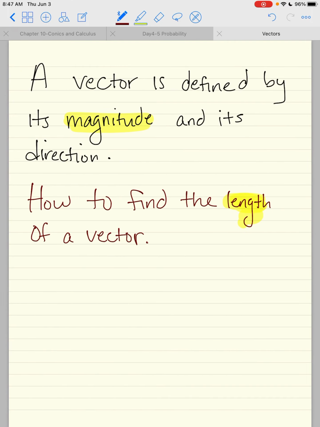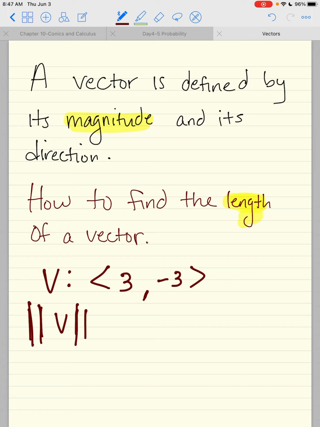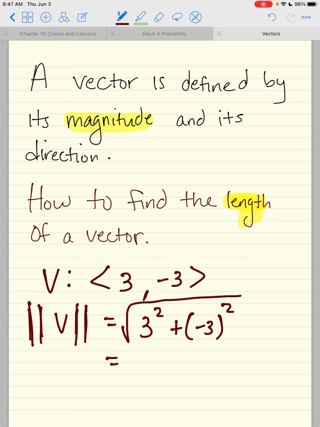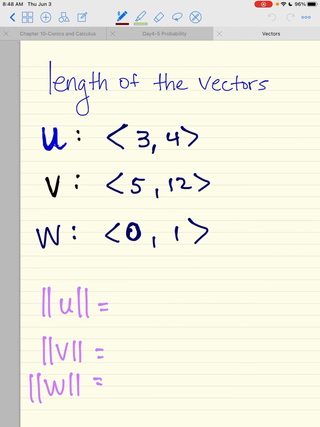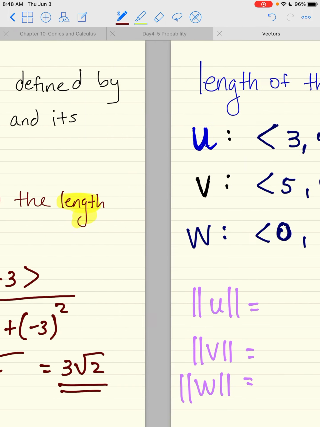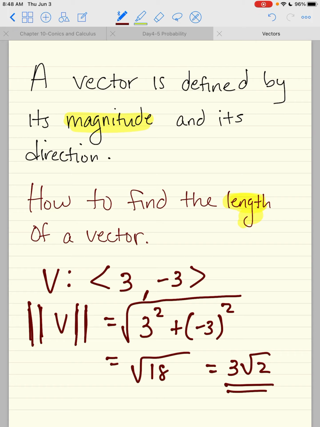So for vector v, which is <3, -3>, in order to find the magnitude, denoted by these double lines, we say the square root of 3 squared plus (-3) squared, and that's going to be the square root of 18, which is also 3 square root of 2. So that's how we find the length of it. Why do we need the magnitude or the length? Well, in order to find a unit vector, we're going to have to divide each component by the magnitude.